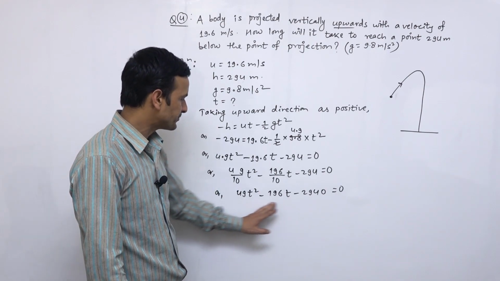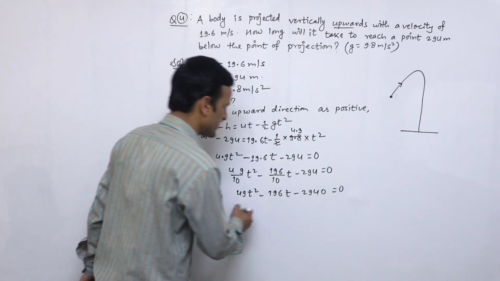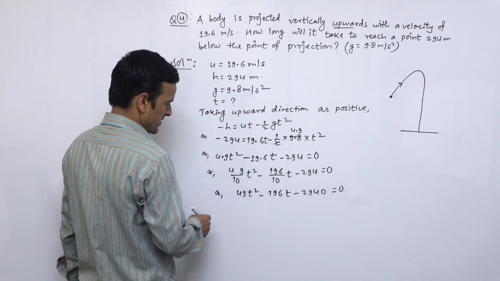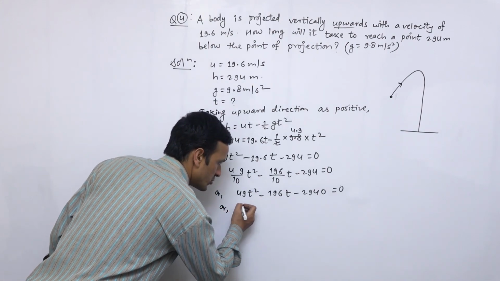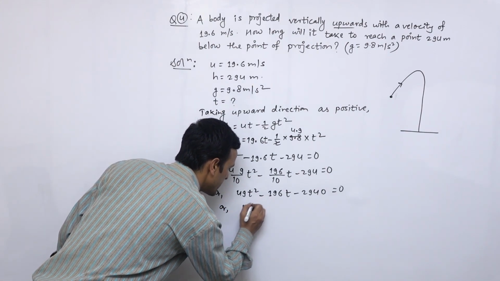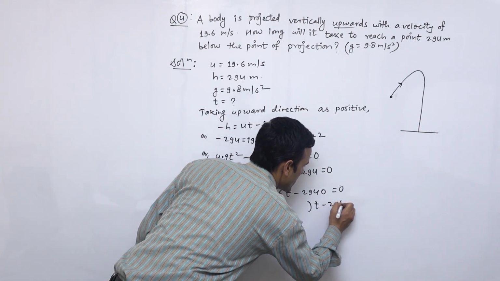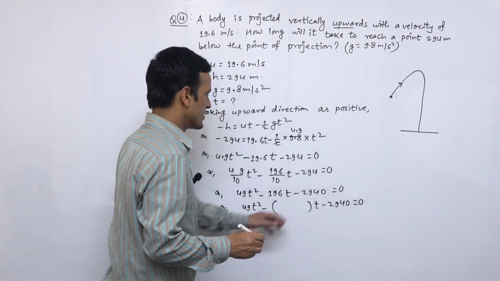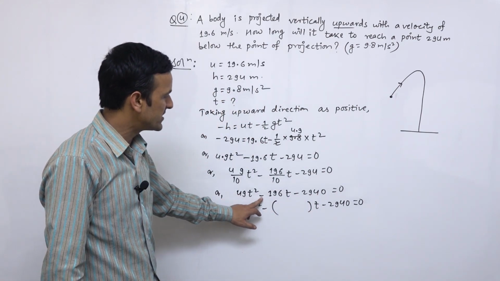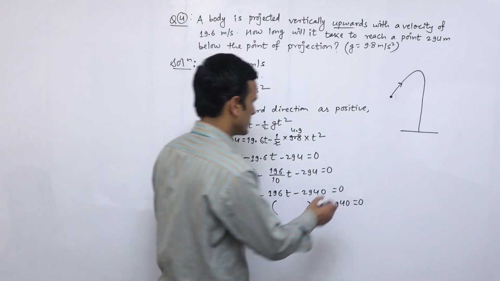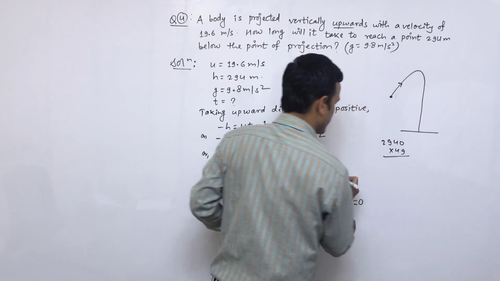Now we can factorize this term. So after factorizing we get two terms over here. The two terms we can get: 49 t square minus 196 t minus 2940 is equal to 0. So 2940 into 49, we have to multiply this one and take the 49 factor.